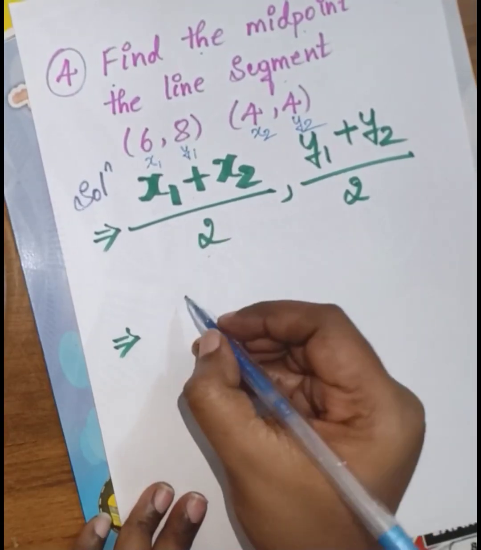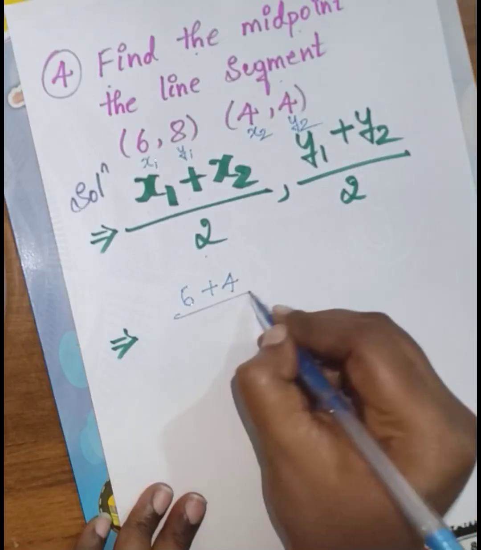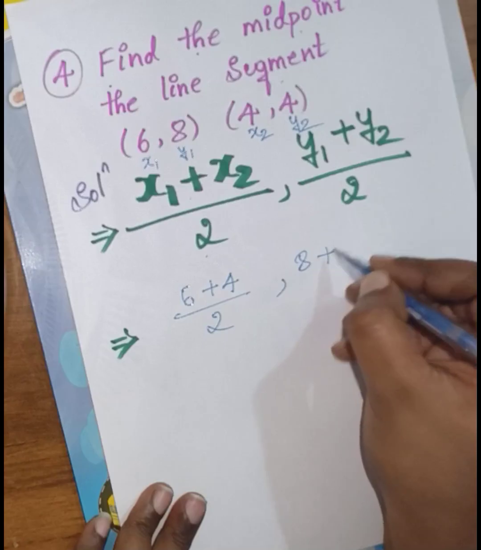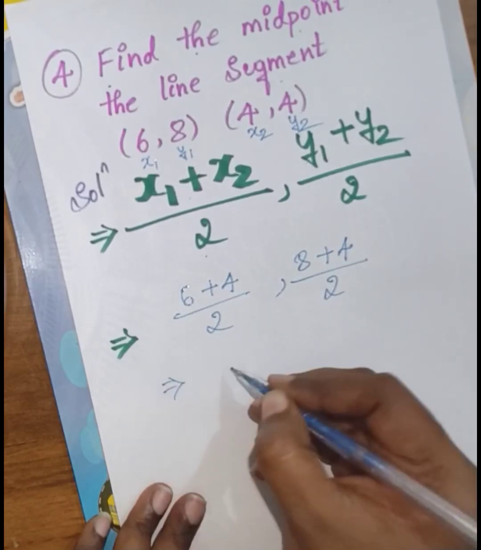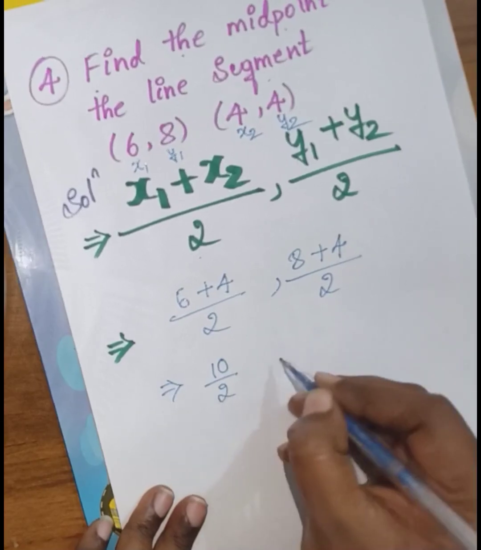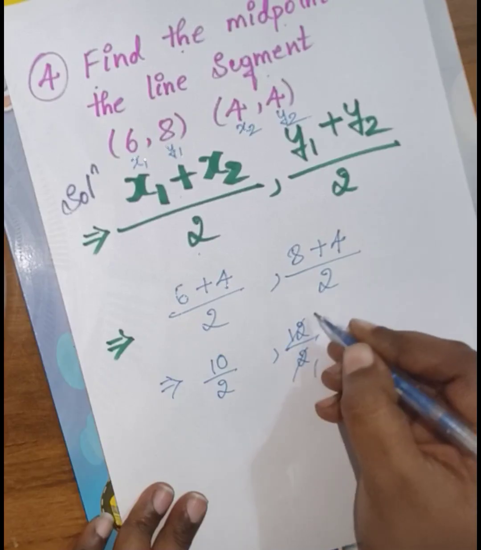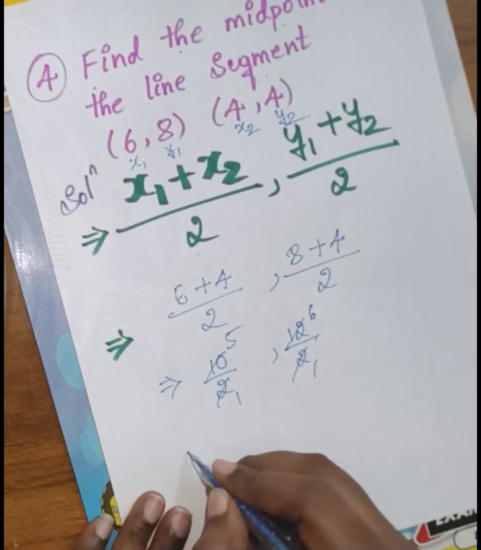Substitute the values: x1 is 6 plus x2 4 by 2, comma, y1 is 8 plus y2 is 4 by 2. 6 plus 4 is 10 by 2. 8 plus 4 is 12 by 2. So 2 5s are 10, 2 6s are 12. The answer is 5, 6.